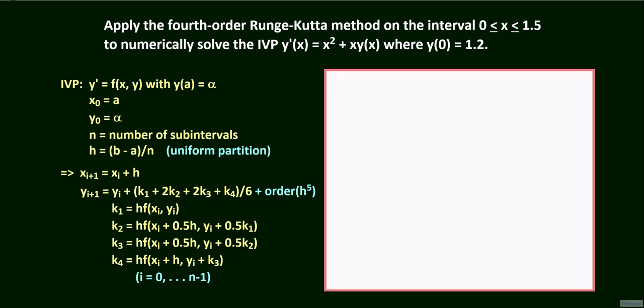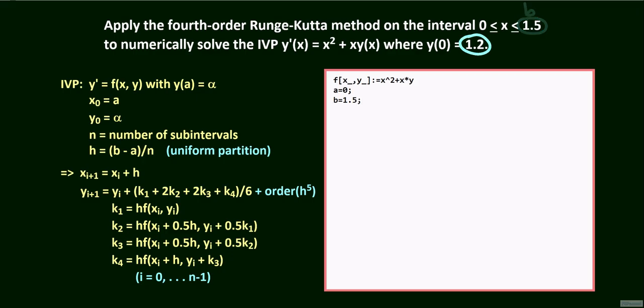We start the Mathematica code by defining y prime. Y prime is f of x, y, and f of x, y equals x squared plus x times y. The left endpoint a is 0. The right endpoint b is 1.5.